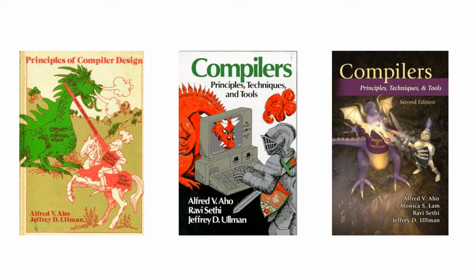The Dragon represented the complexity of writing a compiler, because compilers are really complicated programs. The Knight was a compiler developer armed with all these tools that tame the complexity.